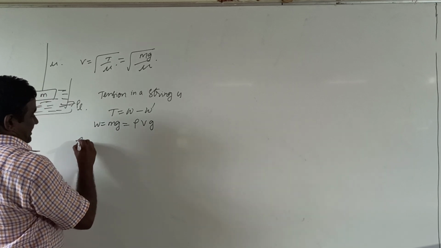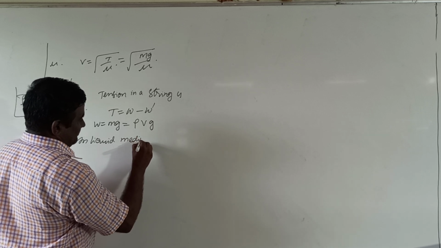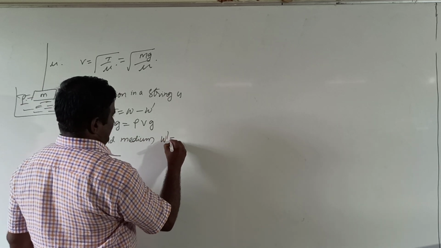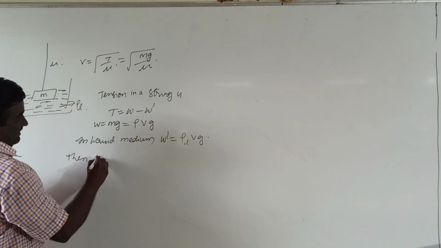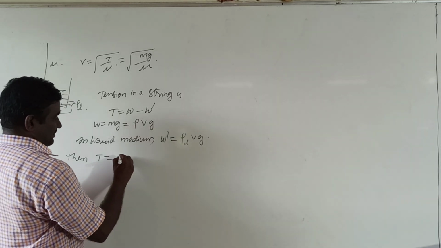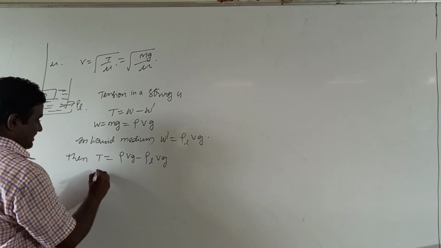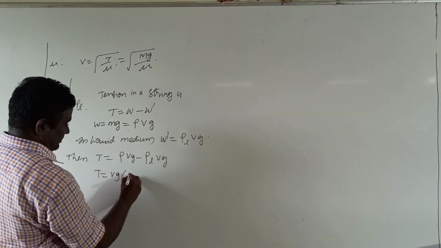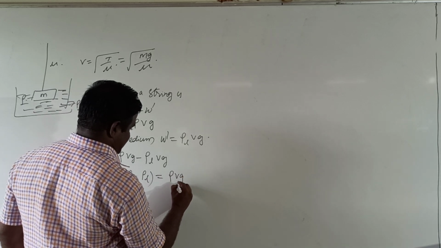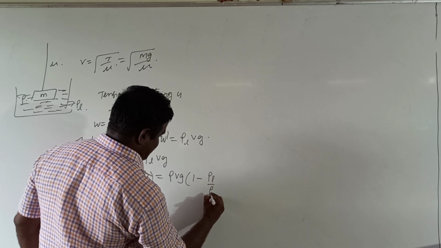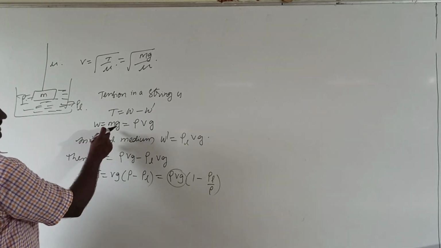Then in liquid medium, W prime equal to rho L into V into g. Then tension T equal to rho Vg minus rho L Vg. Then T equal to Vg into (rho minus rho L), then rho Vg into (1 minus rho L by rho). Rho Vg is nothing but the weight of the body in air.